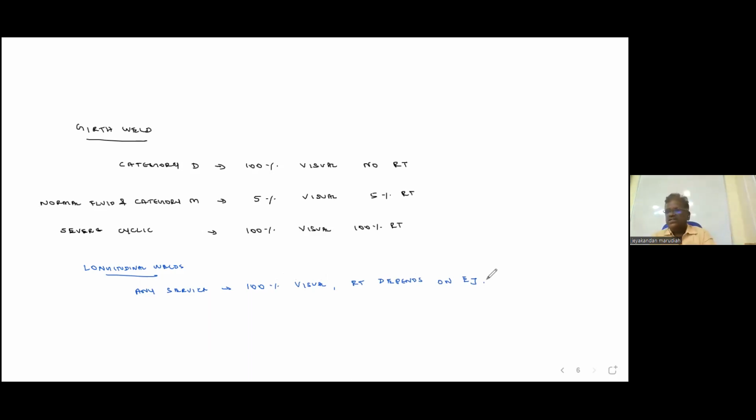Everywhere they refer to some section, so you have to go to that section, that is the meaning of this. EJ means joint efficiency.